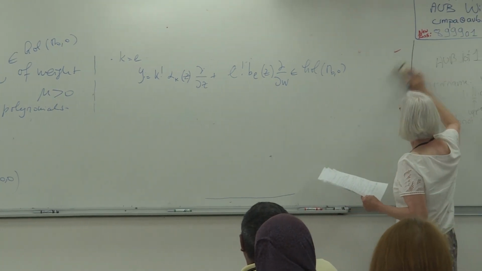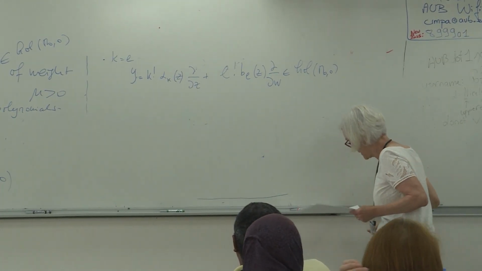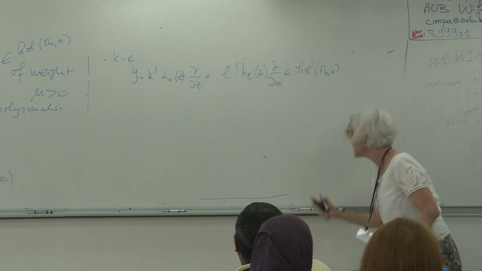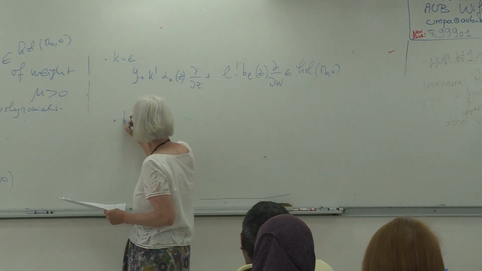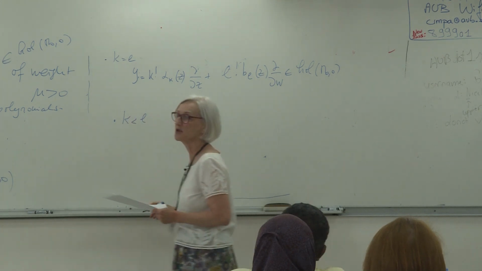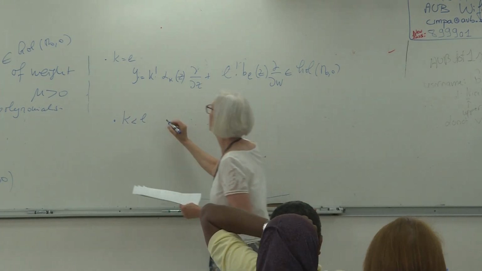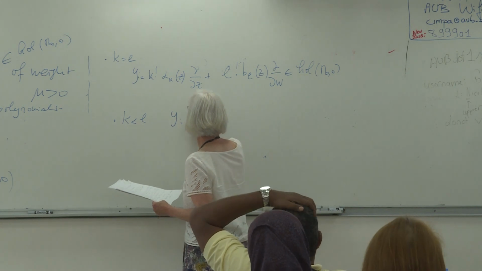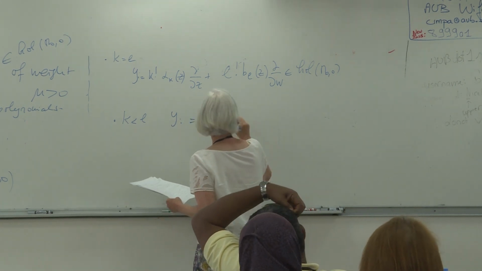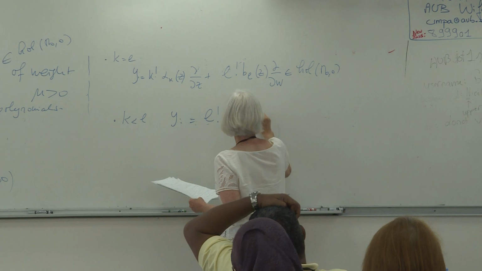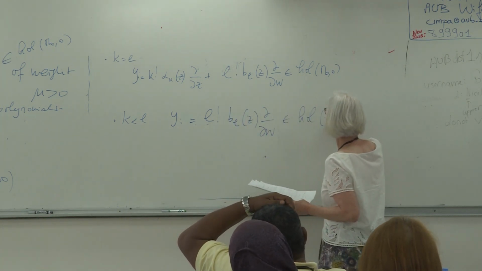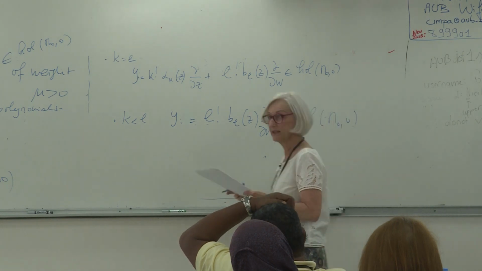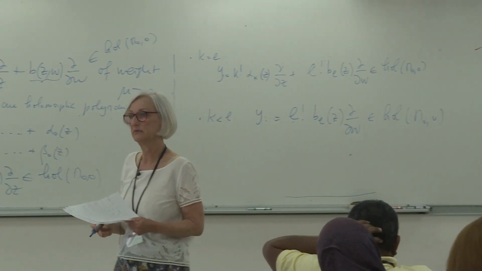They are all rigid. We say when there is no W, it's rigid. And if K is less than L, then the winner is L factorial B_L of Z dW is in Hol M00. Why? Why is it so?